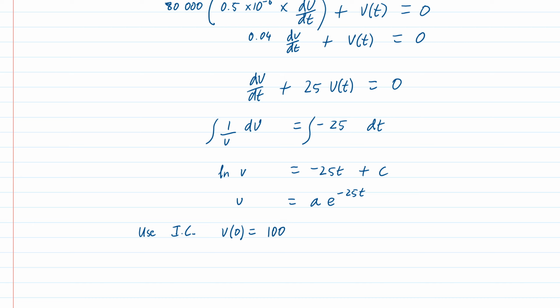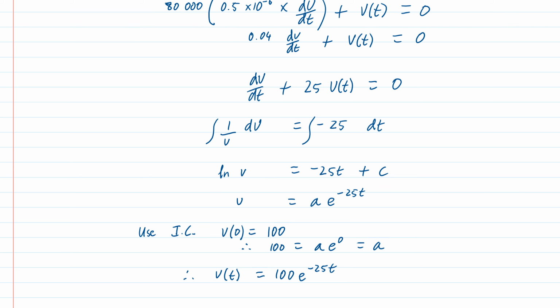So I sub in t of 0 and I sub in V of 100. And so therefore 100 equals A e to the 0, which is just A. So therefore our final solution for the voltage on the capacitor is 100 e to the negative 25t.